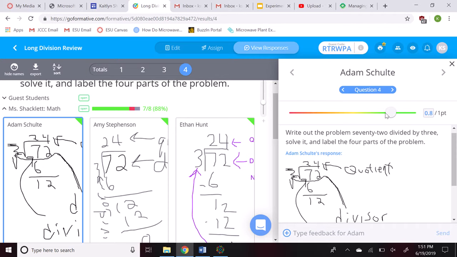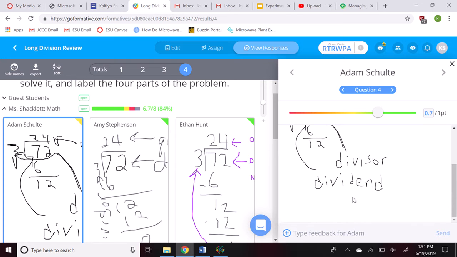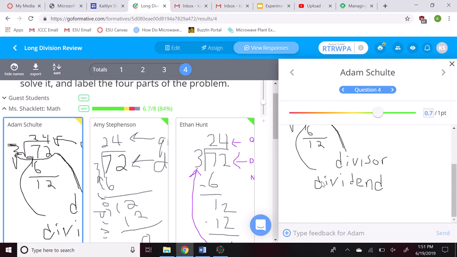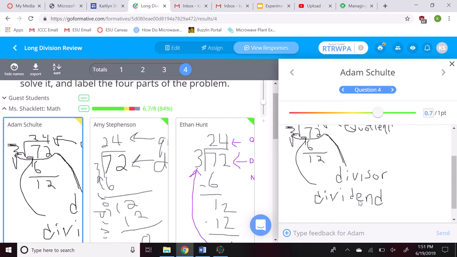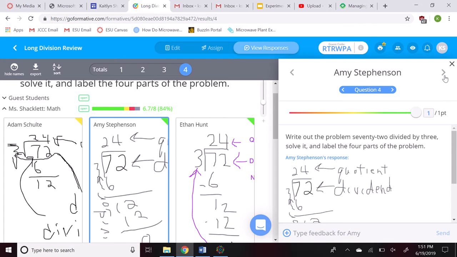And Adam only did 3 of them here. We don't have a remainder because the remainder is 0, but I still wanted you to put 0 in as the remainder. And if you would have solved the rest of the problem, you would have gotten that one.